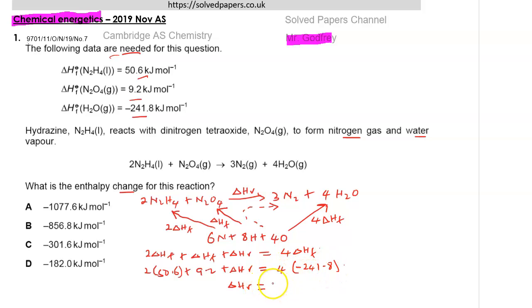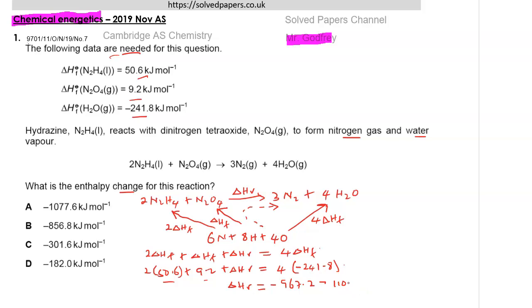What you're going to be getting here is, when you multiply these, you'll get minus 967.2. When you multiply this by 2 and add to that, you'll get 110 positive.